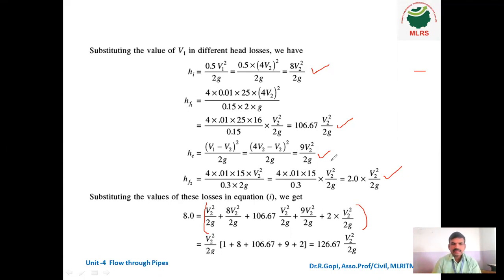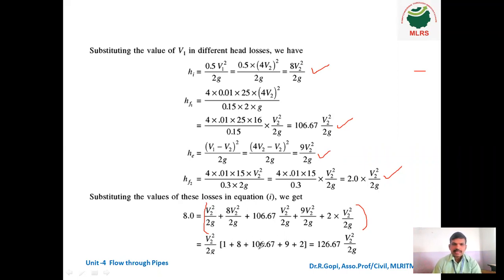So you can take V2 square by 2G outside. The balance you can write now: 1 plus 8 plus 106.67 plus 9 plus 2, which is equal to, what is the value?